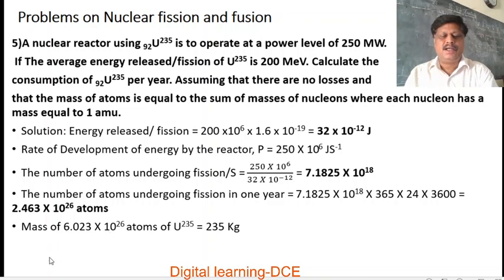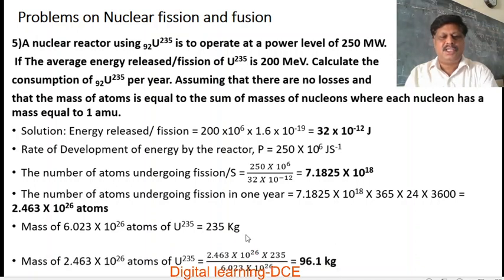So again, using the Avogadro number concept, the mass of 6.023 into 10 power 26 atoms of uranium-235 is equal to 235 kg.